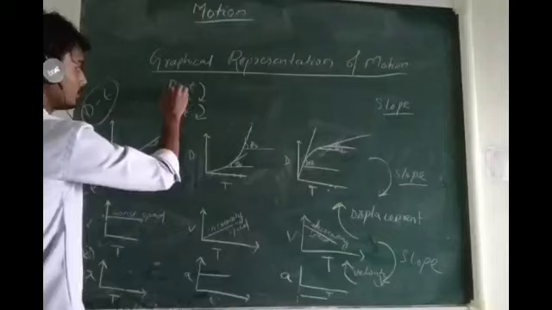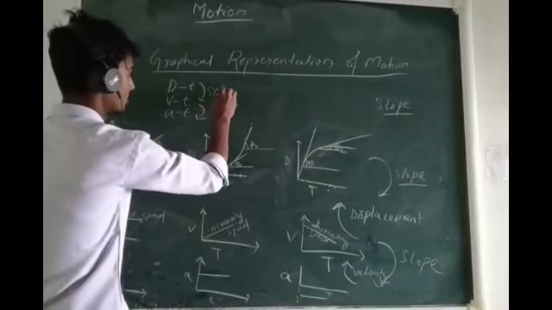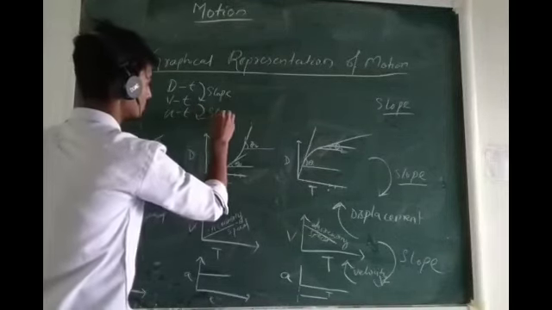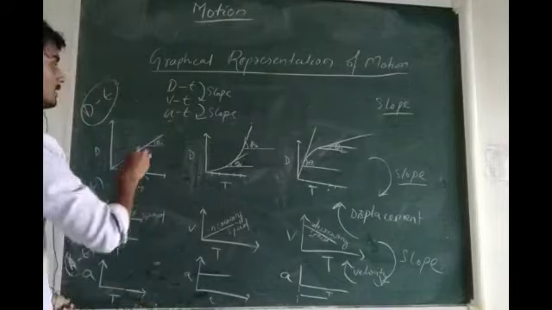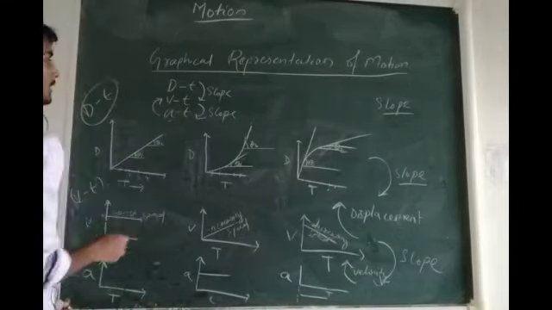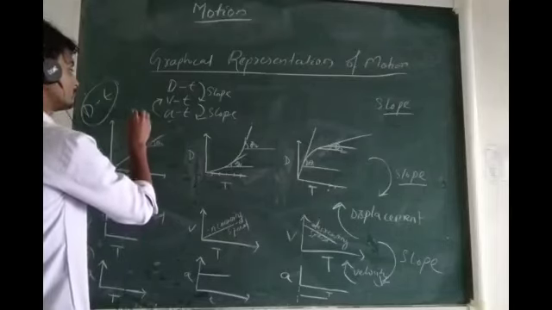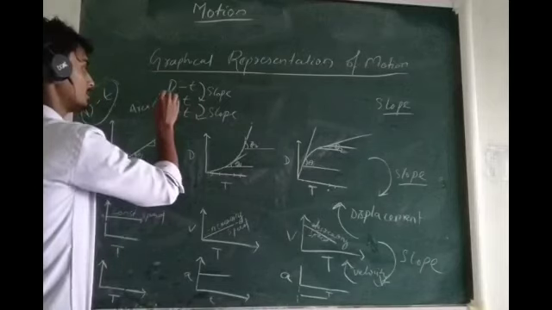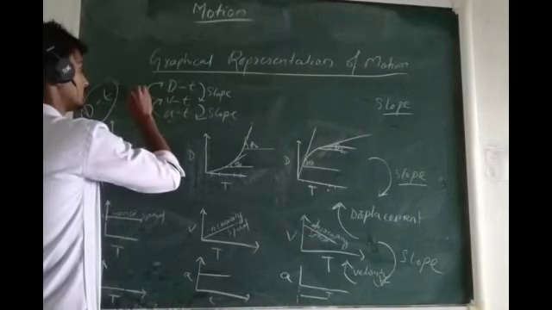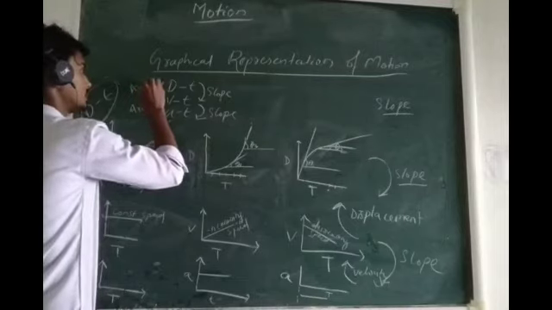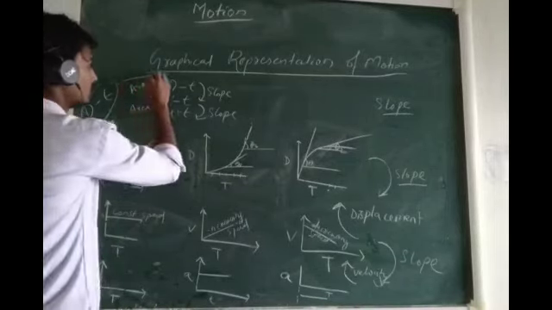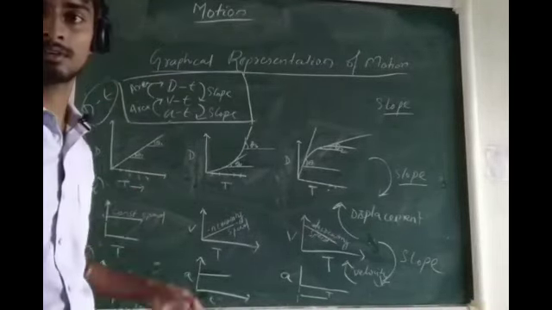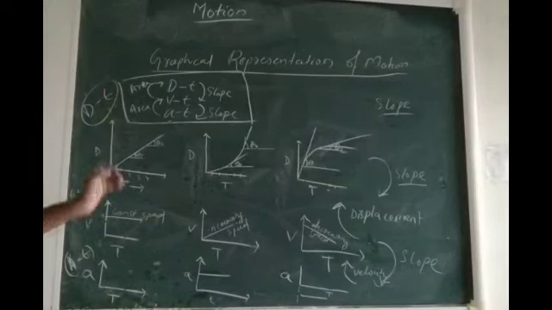In a VT graph, if we find out the slope, we will get acceleration. Similarly, in an acceleration time graph, if we find out the area, we will get velocity, and in a VT graph, if we find out the area, we will get displacement. This is a very important thing you have to remember while doing problems related to graphs. Okay.